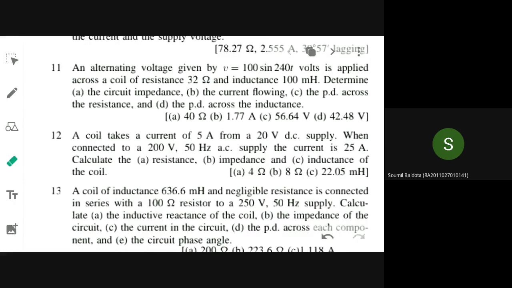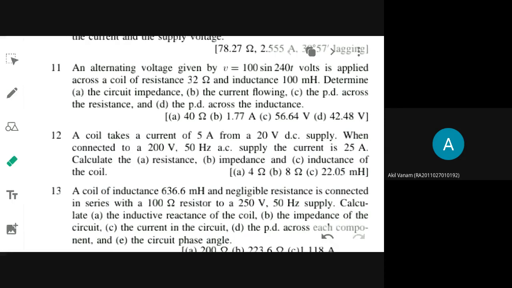Ritesh. Ritesh. From the initial part of the class, I am calling Ritesh. Is he there in class or not? Gaurav Soni, tell me what is the way to determine circuit impedance? Ma'am, Ritesh has messaged.